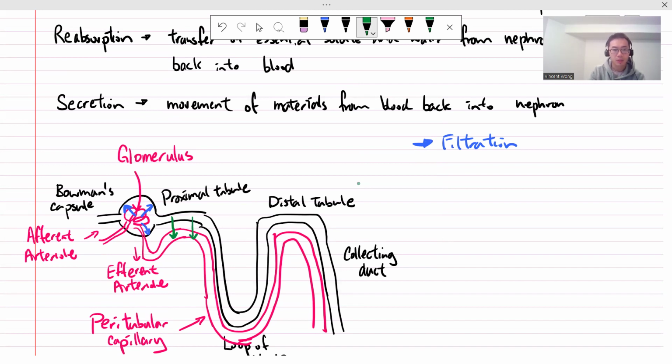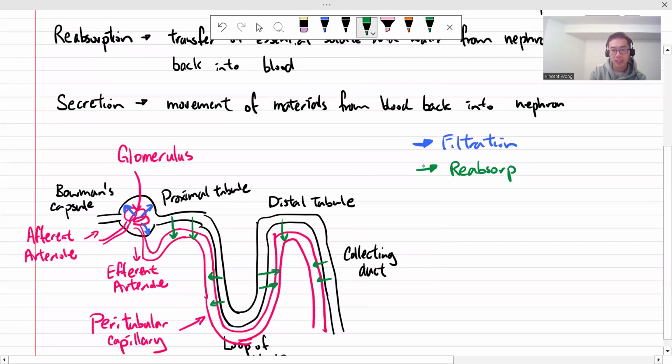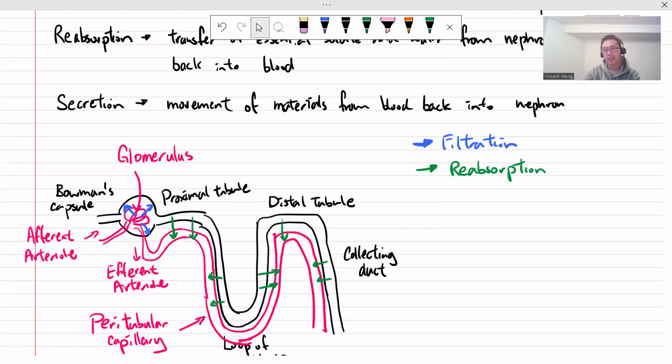You're going to have reabsorption happening in the proximal tubule, in the loop of Henle on the way down and on the way up, and also at the distal tubule as well as the collecting duct. Okay, so green arrow is reabsorption.